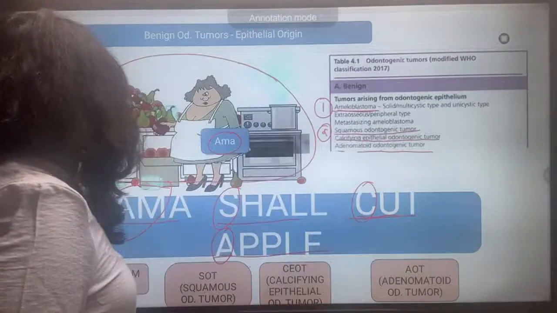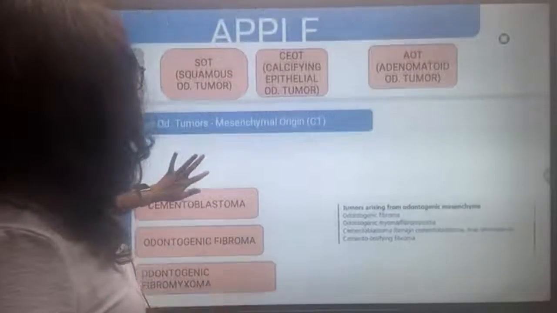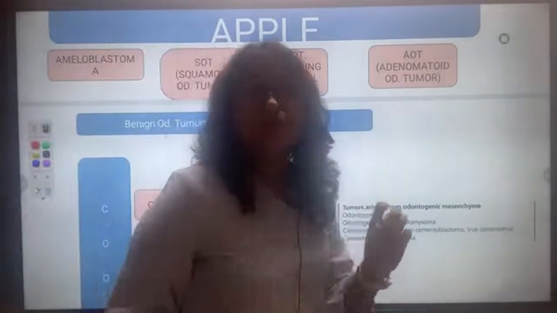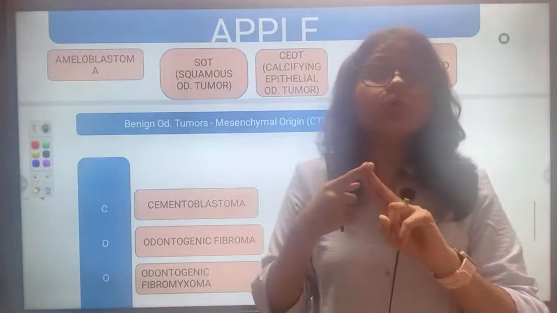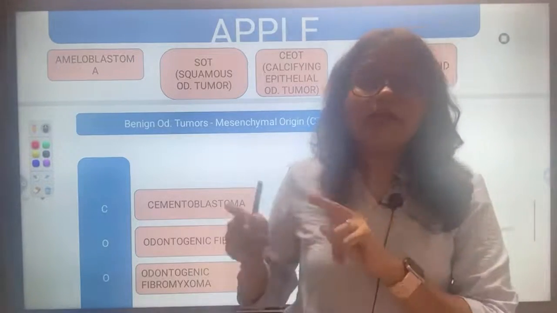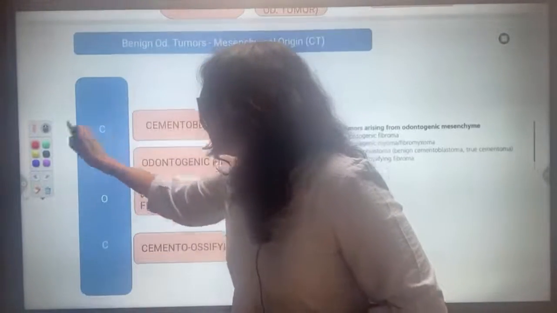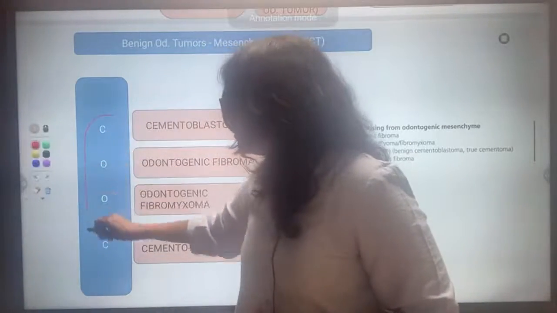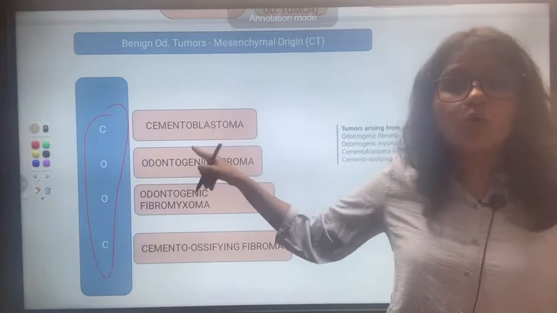Okay. Then the second, how will we remember those tumors? The first was coming from odontogenic epithelium, the second is coming from odontogenic mesenchyme, connective tissue. So for this, remember COOC, okay, COOC.